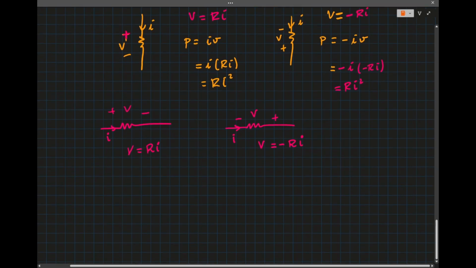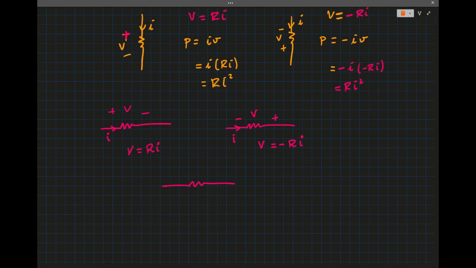To recap, in both cases, when you have a resistor, P, which is IV, which is I times Ri, the voltage is Ri, so that gives me I squared R.